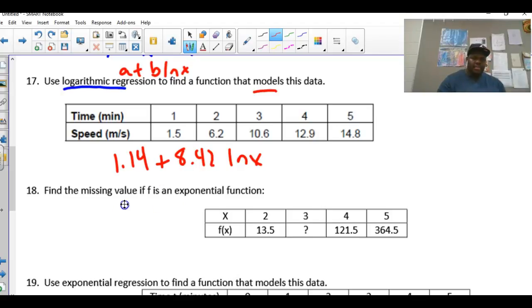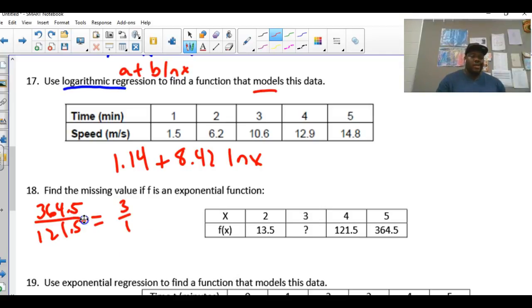Now it says find the missing value if f is exponential. If it's exponential, remember, you have a common ratio. So the easiest way to do that is just figure out the ratio of the other ones. So if I take the last two here that are given, and we figure out the ratio, if I went 364.5 and divided that by 121.5, that gives me a ratio of 3 over 1.